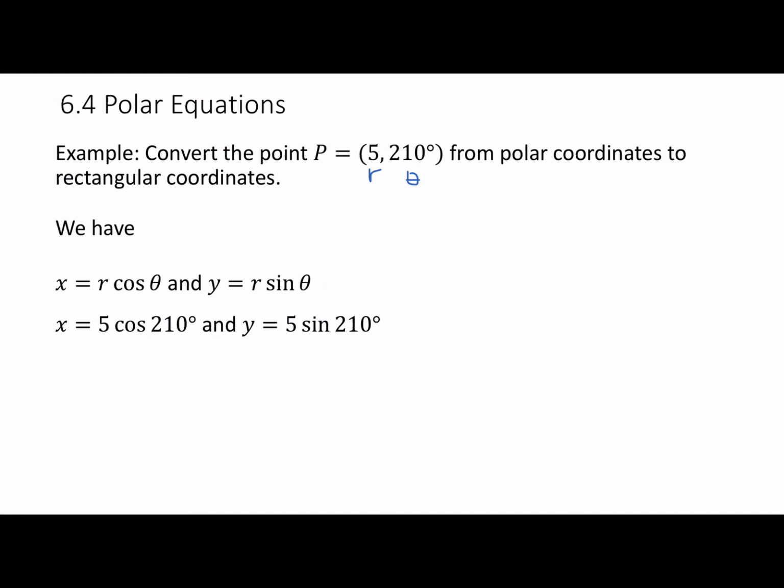This is an angle that you know, 210 degrees, so we should be able to solve this pretty quickly. x is 5 times negative root 3 over 2, and y is 5 times negative 1/2. And then finally, you just want to list this as an ordered pair. So the point P in rectangular coordinates is negative 5 root 3 over 2, comma negative 5/2.